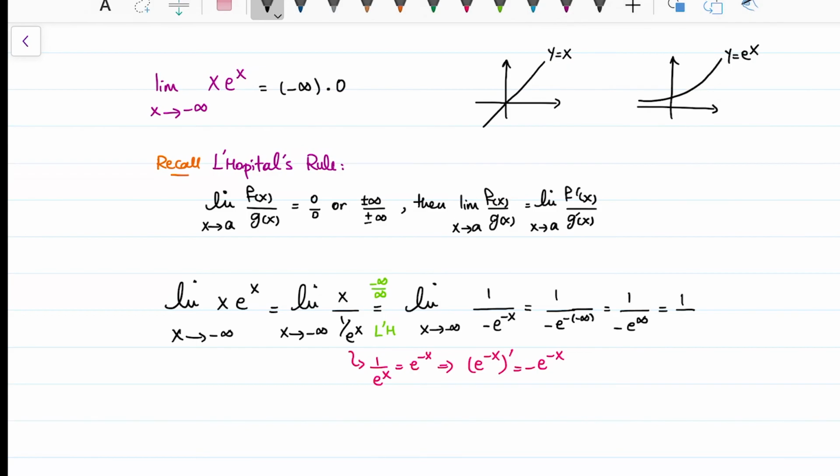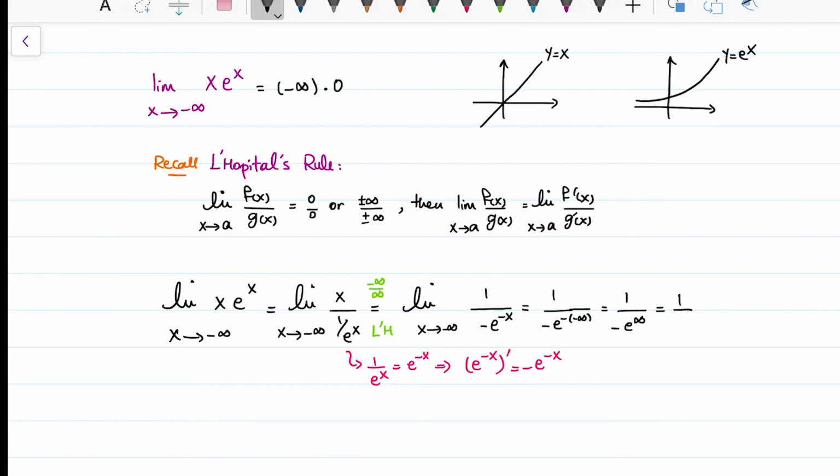So what do I have? I have 1 over negative infinity. Any number over infinity is basically 0. Very good. So instead of these parts that I just wrote for myself, I can just rewrite them as 0.